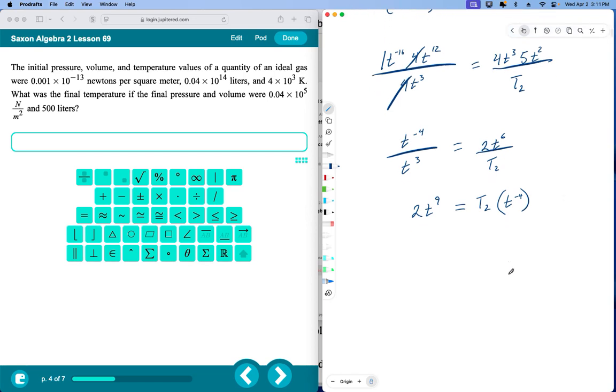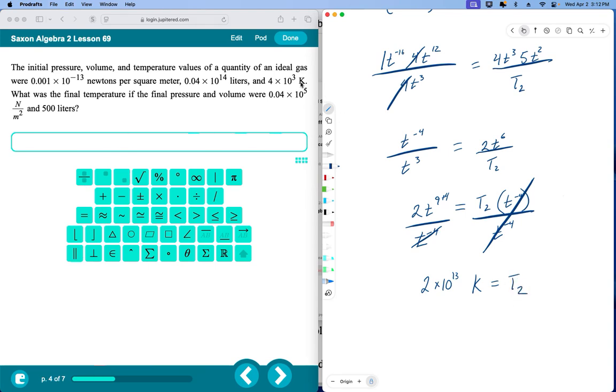I'm going to divide both sides by t to the -4. This cancels. And when I bring this up, it's going to be +4. So 2 times 10, 9 plus 4 is 13, to the 13th power, its temperature, so kelvins, is equal to the final temperature.